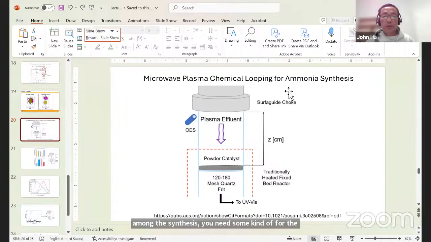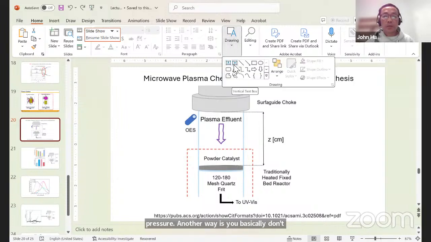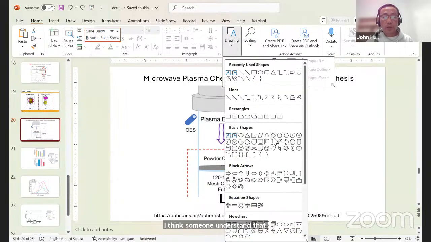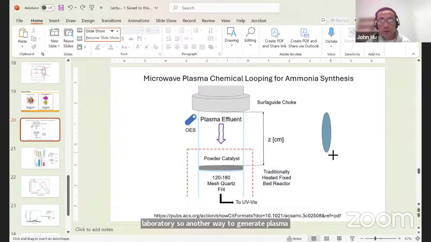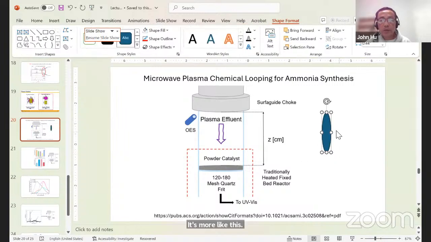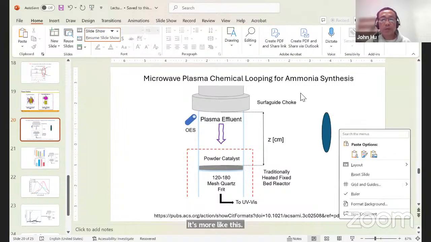Someone mentioned you have a microwave in your laboratory. Another way to generate plasma is more like this.